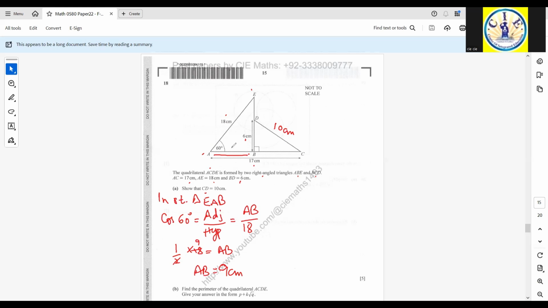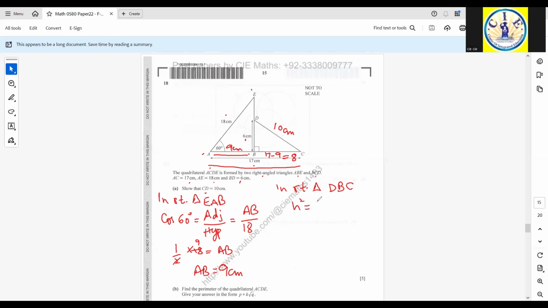When this length is 9 centimeters and this complete length is 17, this is going to be 17 minus 9. That is 8. So now this is a right angle triangle. I need to apply the Pythagoras theorem in the right triangle DBC.